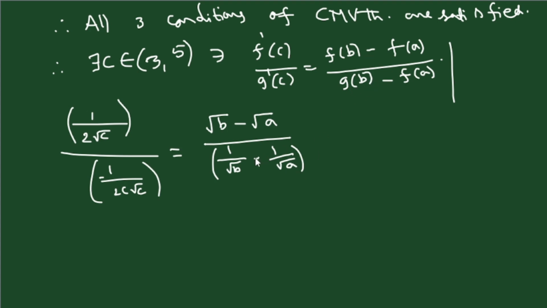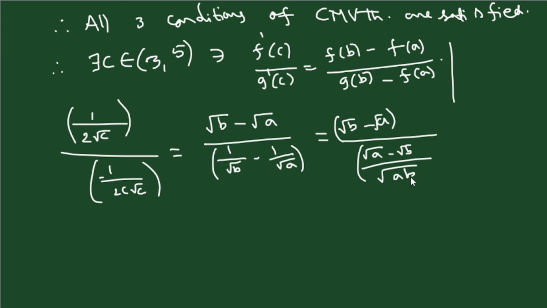So it is root b minus root a divided by, you can take LCM here, root a minus root b by root ab.